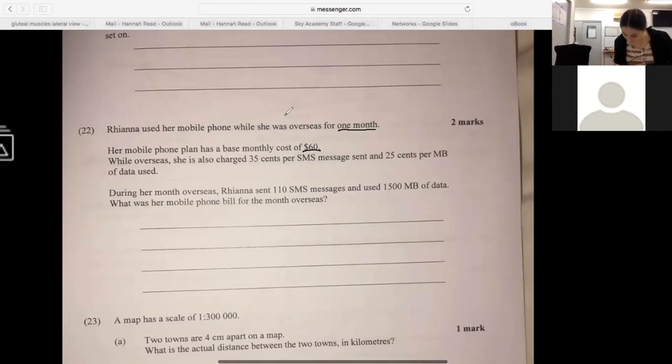Yep. Equals 3,850. Oh, did you do, because it's what? 35 cents. And so it would be 110 times 0.35, not 35.